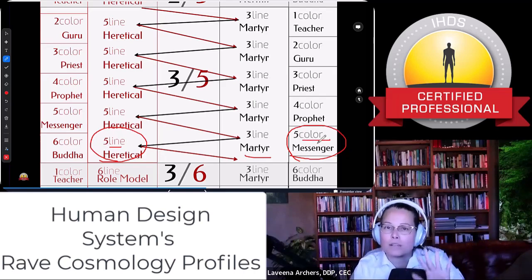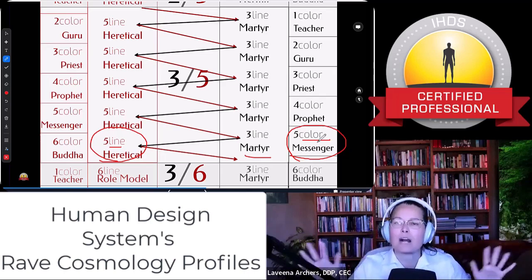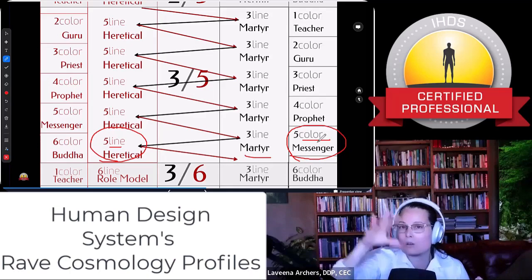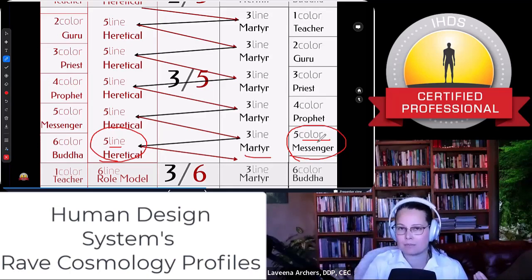Your color motivation will start to vibrate with that, because we're all resonance principles. We're all vibrating. We're all energy. So whatever it is, whether it's color or line, you're going to vibrate with that.